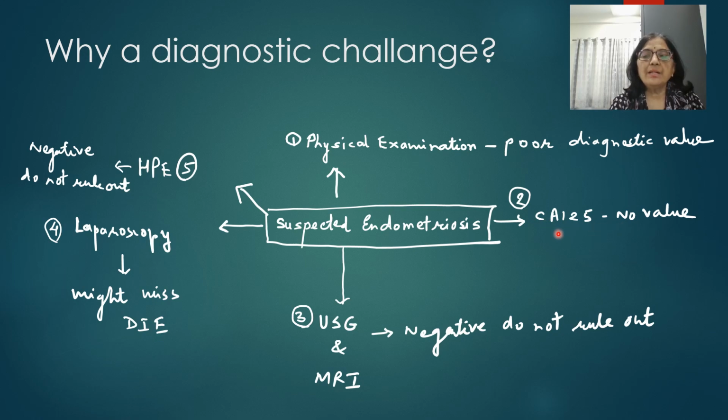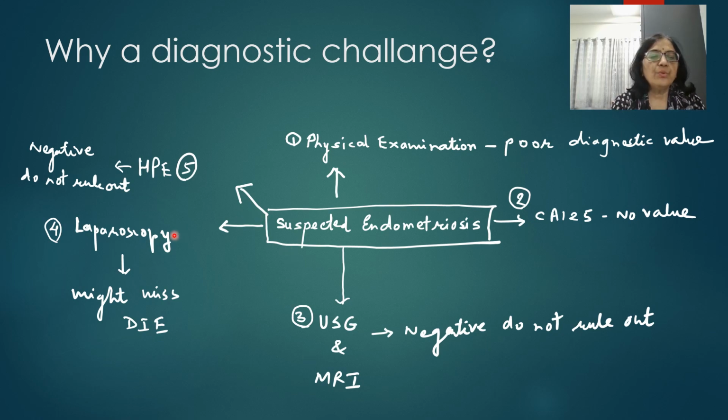CA-125, as we have already seen, has no diagnostic value. Ultrasonography and MRI do help in the diagnosis of endometrioma or deep infiltrating disease, but peritoneal disease might be completely missed, and that is why negative findings do not rule out disease. Normal USG or normal MRI is not sufficient to say that the patient does not have endometriosis.